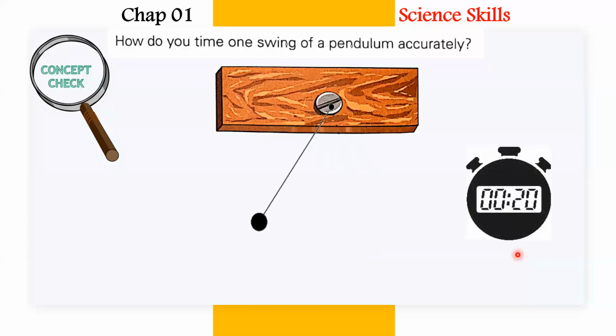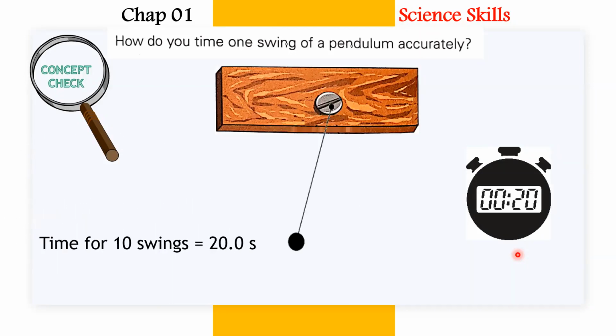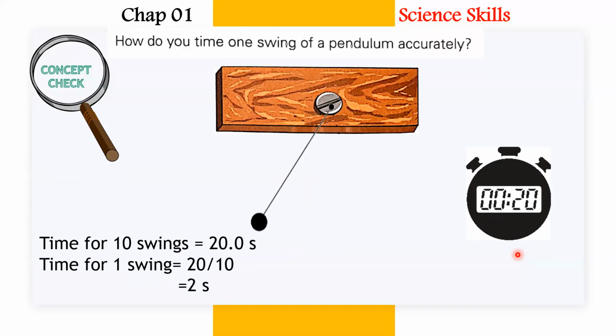Start the stopwatch and count the number of vibrations. Suppose 10 swings take 20 seconds. To find the time for one swing, divide 20 by 10, and you get 2 seconds for each swing.